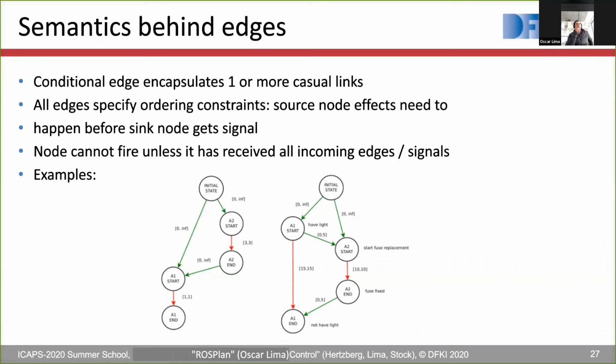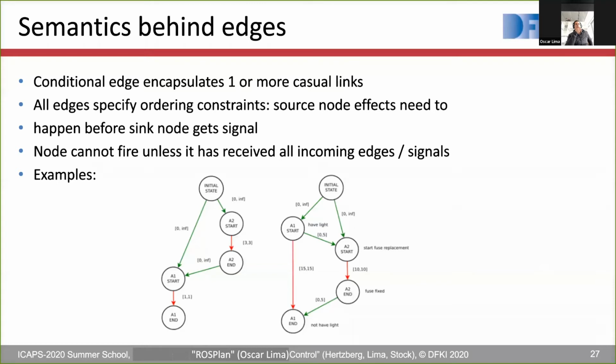So we have conditional edges, we have start and end action edges, and we have interference edges. Here the green edges are conditional support edges.